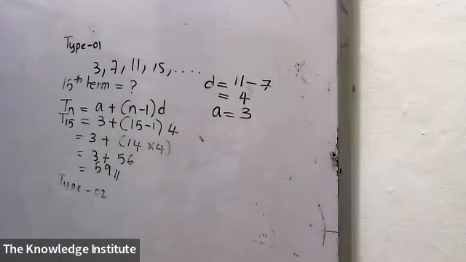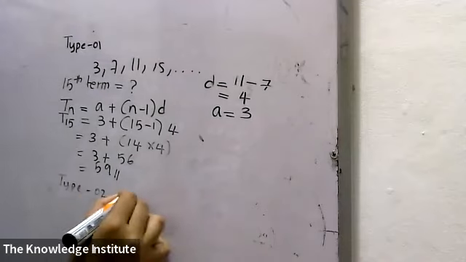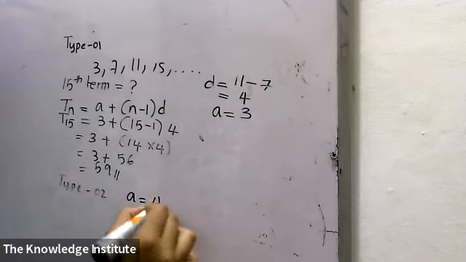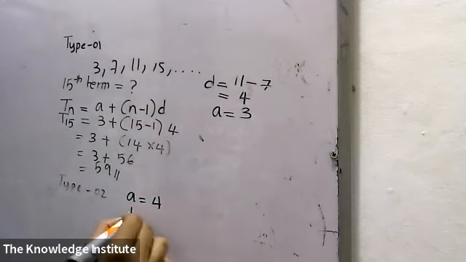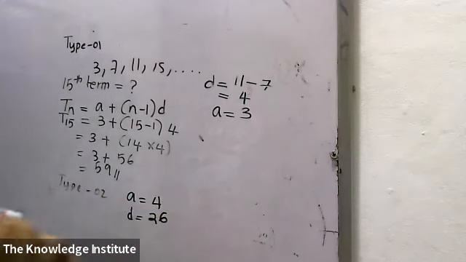Let's get into type 2. So from these equations only, the types will be different. Now they are telling us to find the first term.